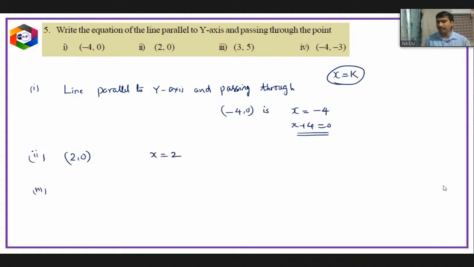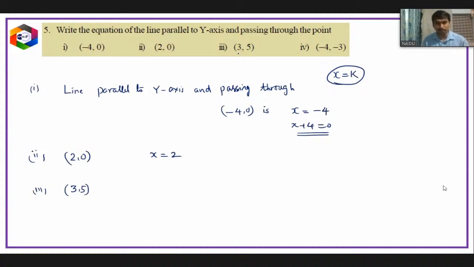Similarly, go for the next question, children. What would be the next question? Yes, (3, 5). This is again the same idea. We need the equation of the line parallel to the y-axis and passing through (3, 5). Since it is a line parallel to the y-axis, the general format of the equation will be x equal to some constant. That x distance is constant. Here, what is the x distance in this point?